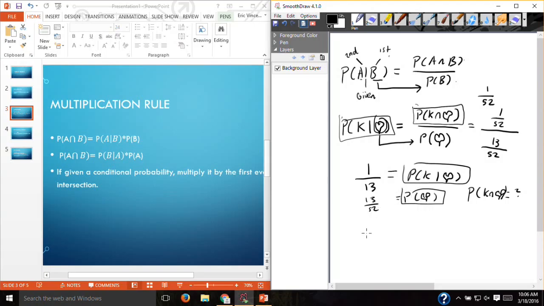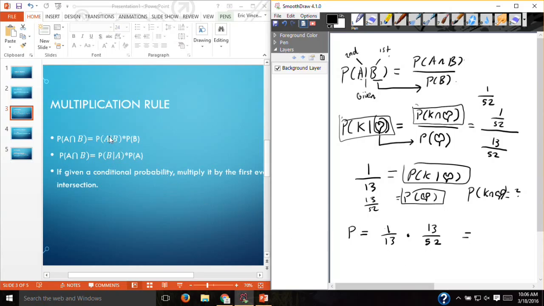So, if I go ahead and write probability is equal to 1 over 13 multiplied by 13 over 52.